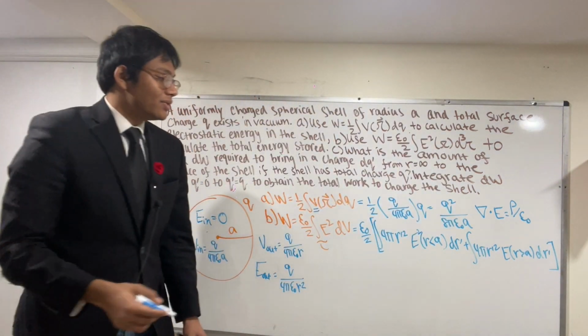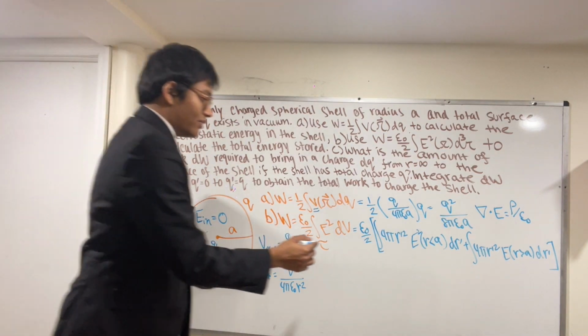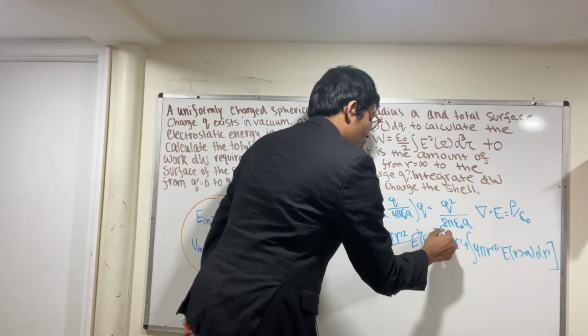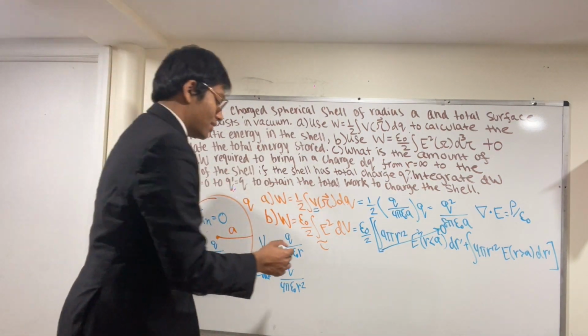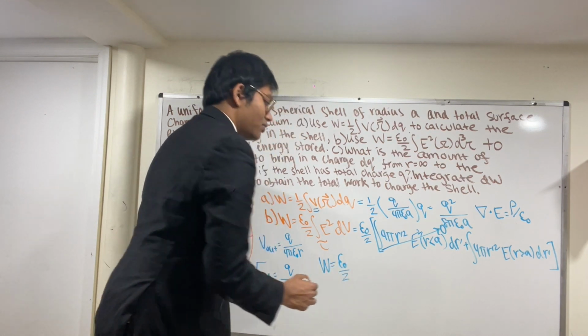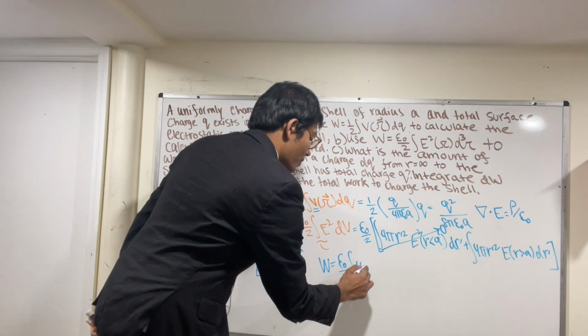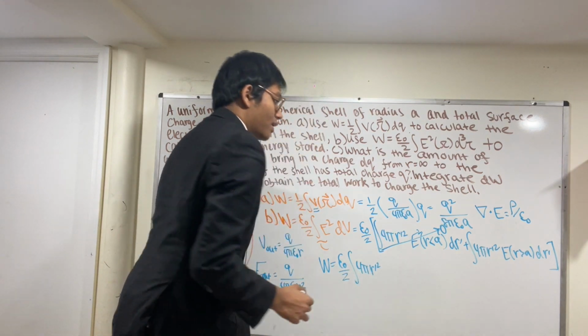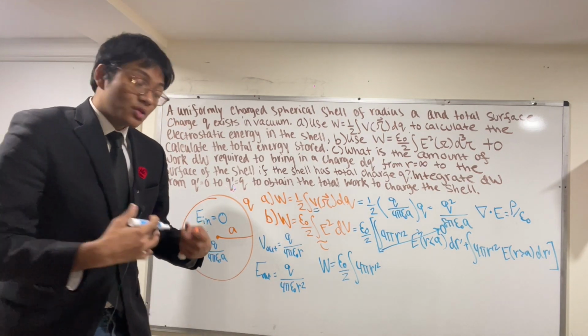plus the integral of this exact same thing, but with the electric field for r greater than a, dr prime. Okay, now we know the electric field inside is nil, right? Since it's a shell, there is no electric field inside, hence this whole first term goes to 0. We may now turn our attention to the second term, so that the work is equal to epsilon naught over 2 times this mess, which is the integral of 4 pi r prime squared. What is the electric field outside? It is this, but it is squared, right?